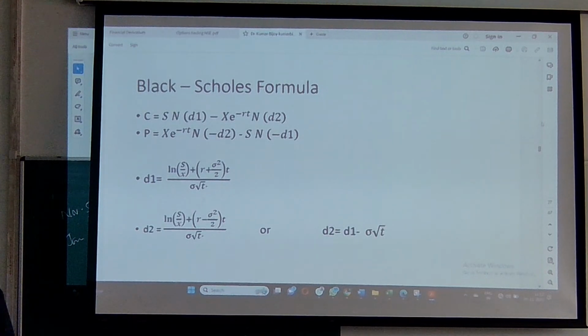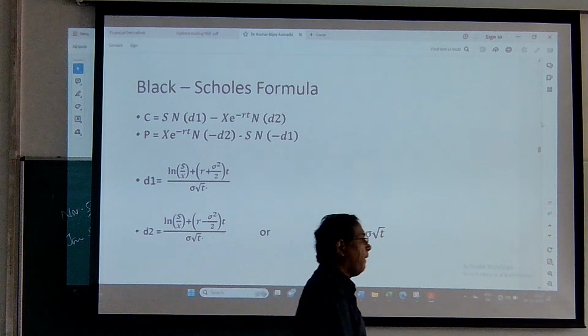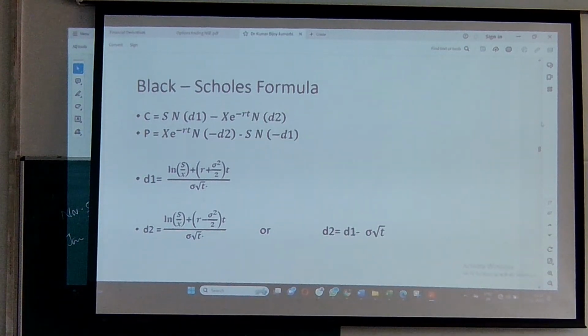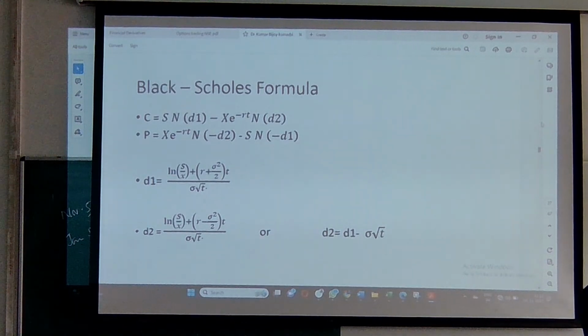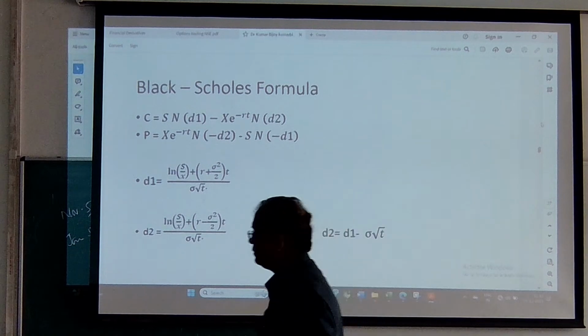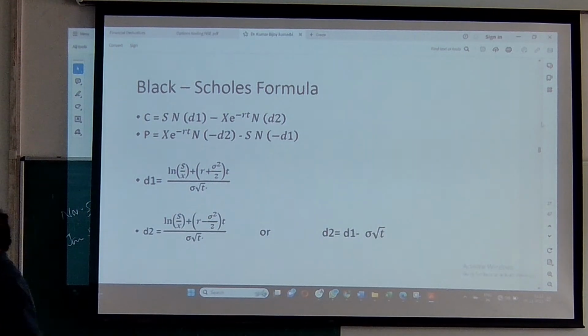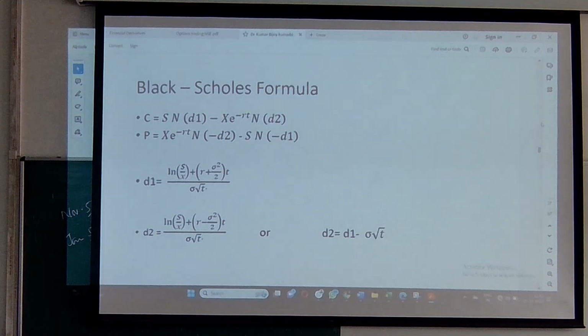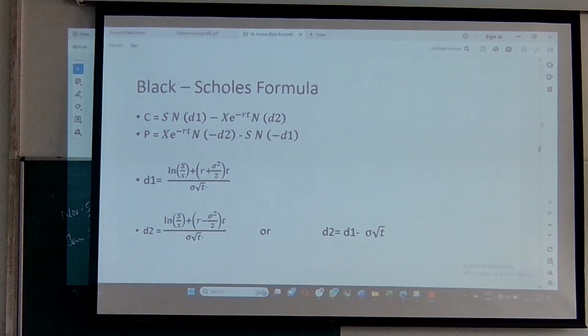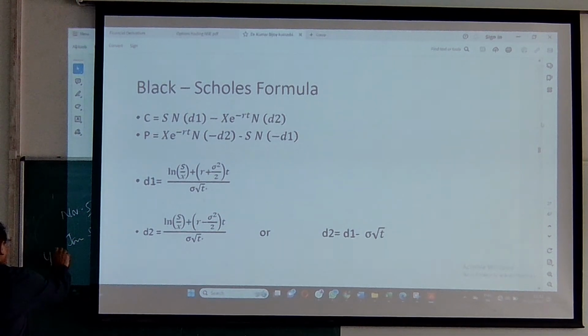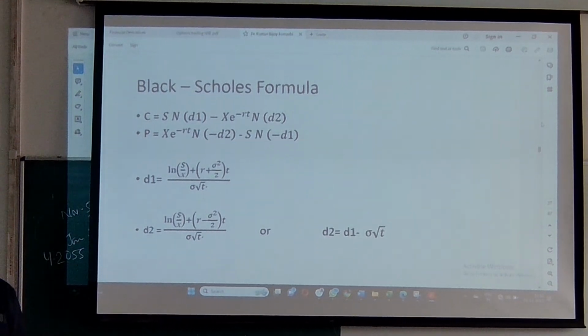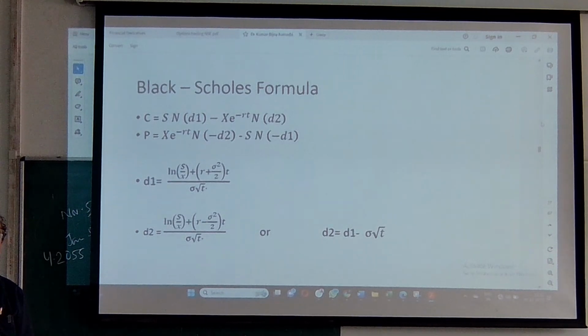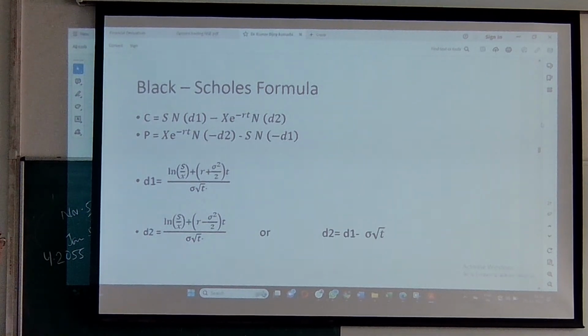So multiply the total value. Four point two. 4.2055. Okay. How much? 5.08.